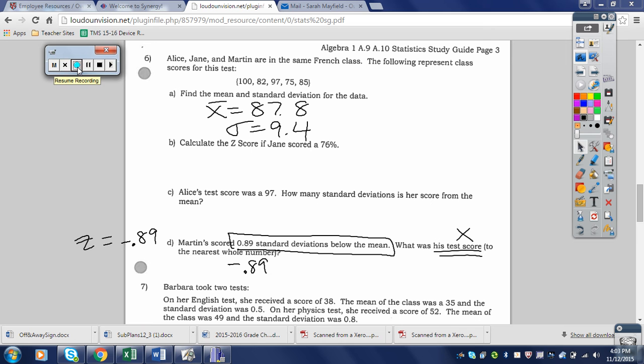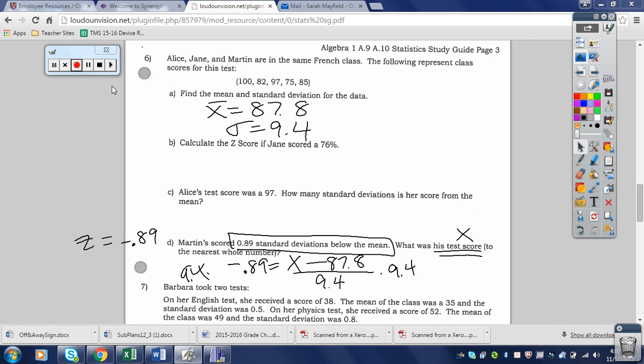So I have negative 0.89 equals x minus my mean, which is 87.8, divided by my standard deviation, which is 9.4. So now I have to solve for x. How do I solve this equation to get x by itself? What's the first thing that I do? Get rid of fractions. Multiply both sides by 9.4.